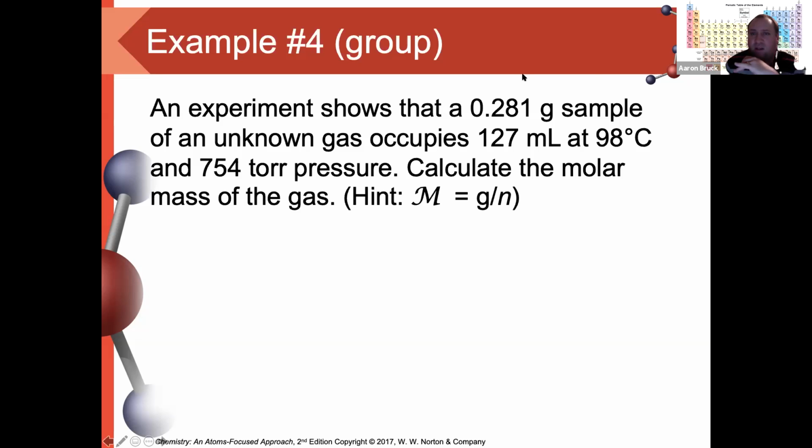We've already given you the grams. Use your other parameters here to figure out the moles and then divide. So I'll give you a couple of minutes. When you finish or you think you have an answer, just go ahead and give me the okay, and we'll start going through it together.